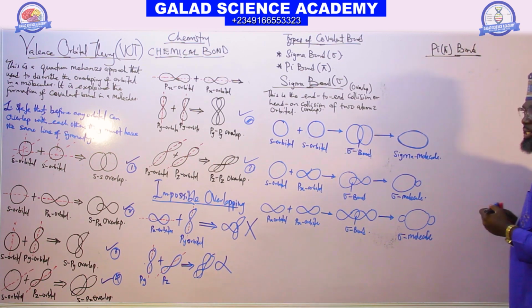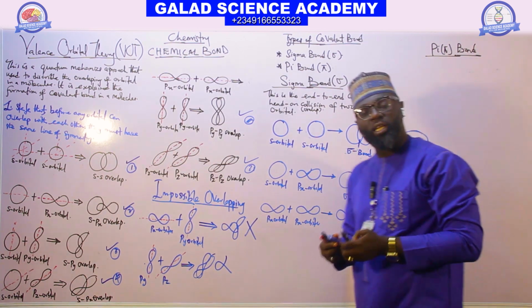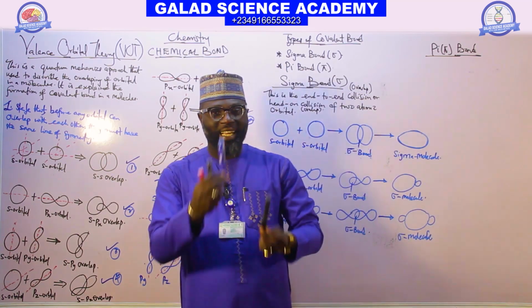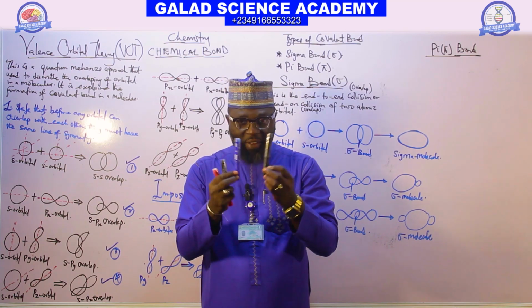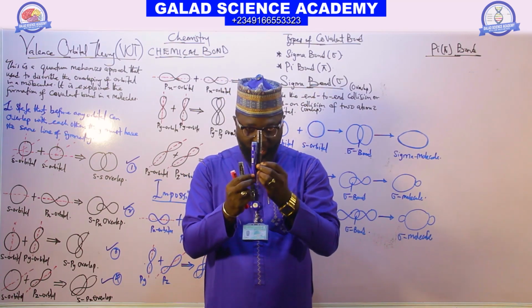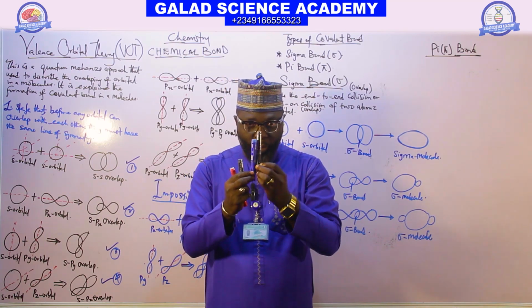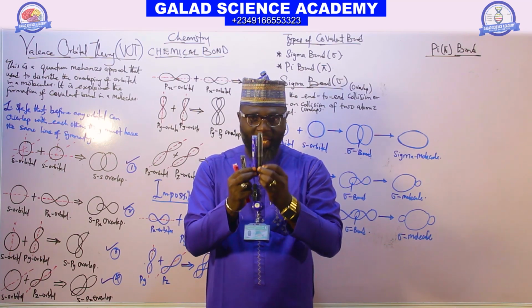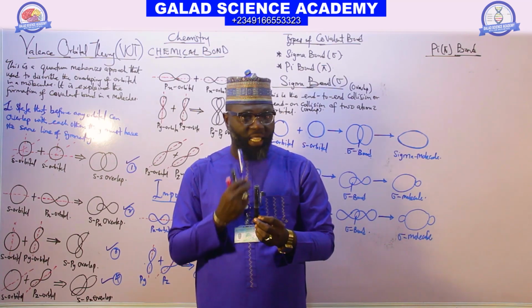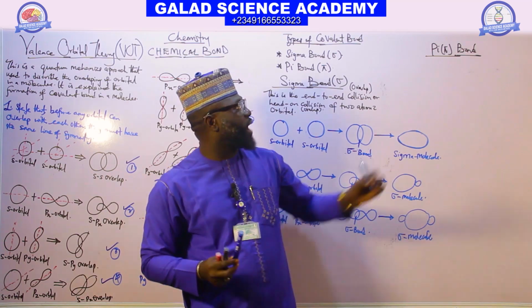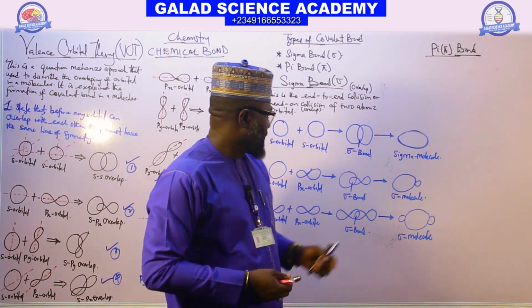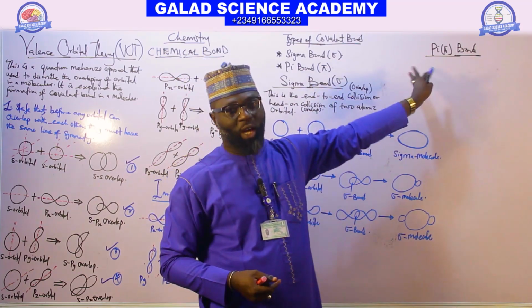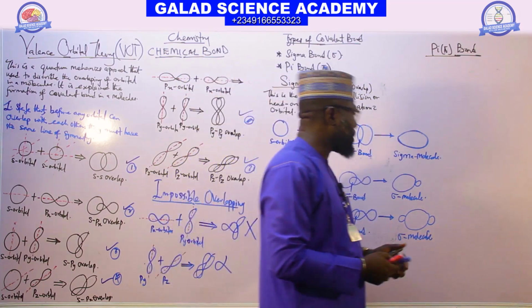What is pi bond? I said it. Pi bond is a bond that exists through the vertical overlapping between two orbitals. When two orbitals are overlapped vertically, we have pi bond, and the pi bond is a weak bond. The sigma bond is stronger than the pi bond.